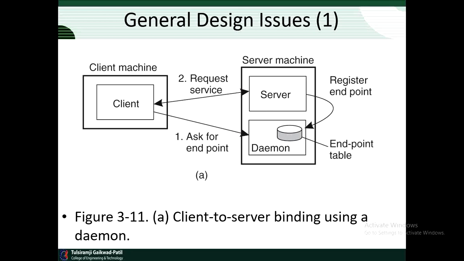Then there are several ways to organize servers. In the case of an iterative server, the server itself handles the request and, if necessary, returns a response to the requesting client. A concurrent server does not handle the request itself but passes it to a separate thread or another process, after which it immediately waits for the next incoming request.